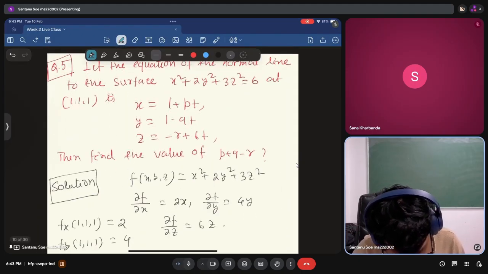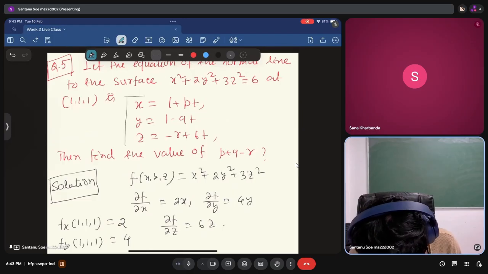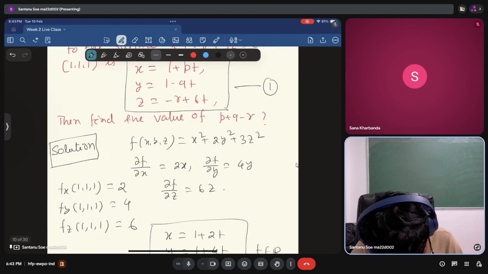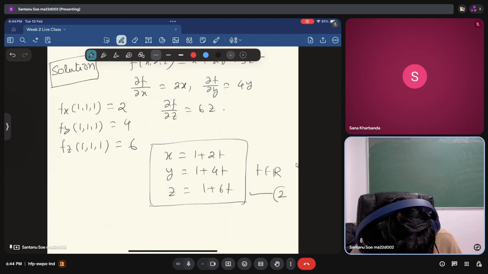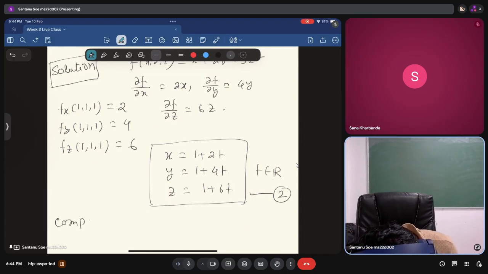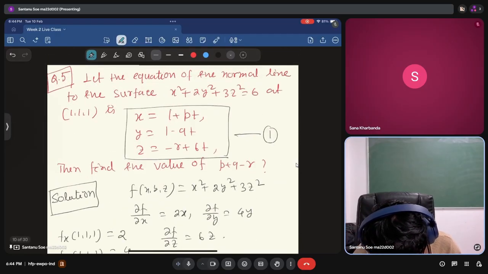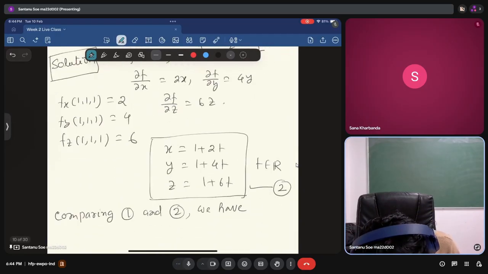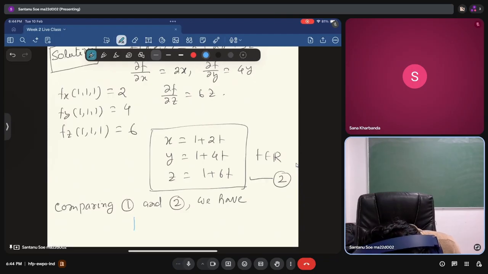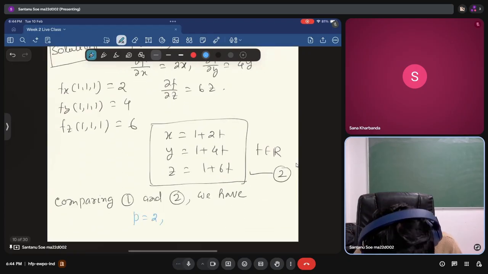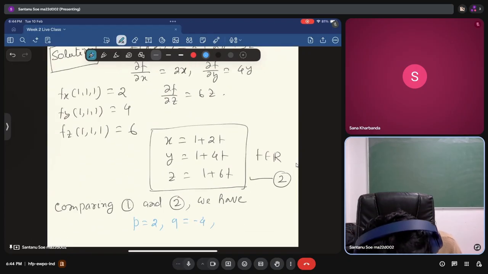So now if you compare with the given normal line, let us call it 1 and let us call this 2. Comparing 1 and 2, here 1 plus pt is 1 plus 2t, so p will be 2. 1 minus qt is 1 plus 4t, so q will be -4.